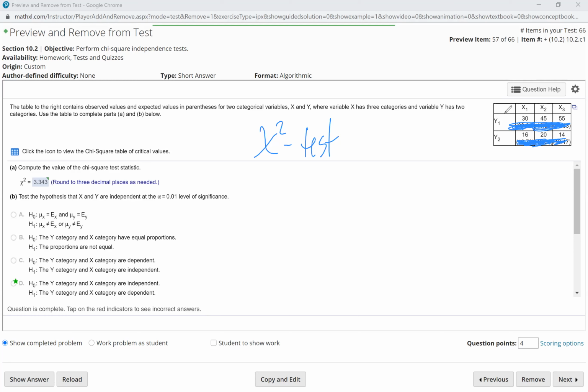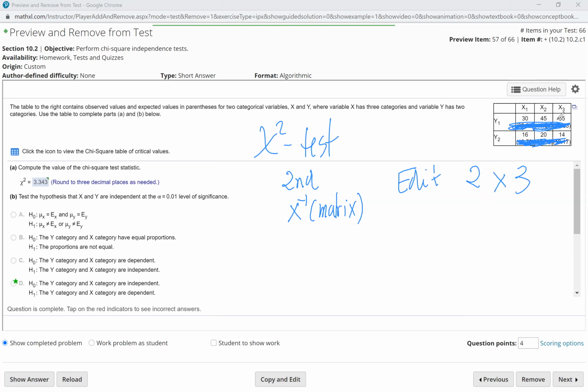So to input the observed values into a matrix, here's what you do, guys. You press the second key, and then you press the X inverse key, which says matrix in blue. After that, you go to edit, and you enter how many rows and how many columns. It's 2 by 3.